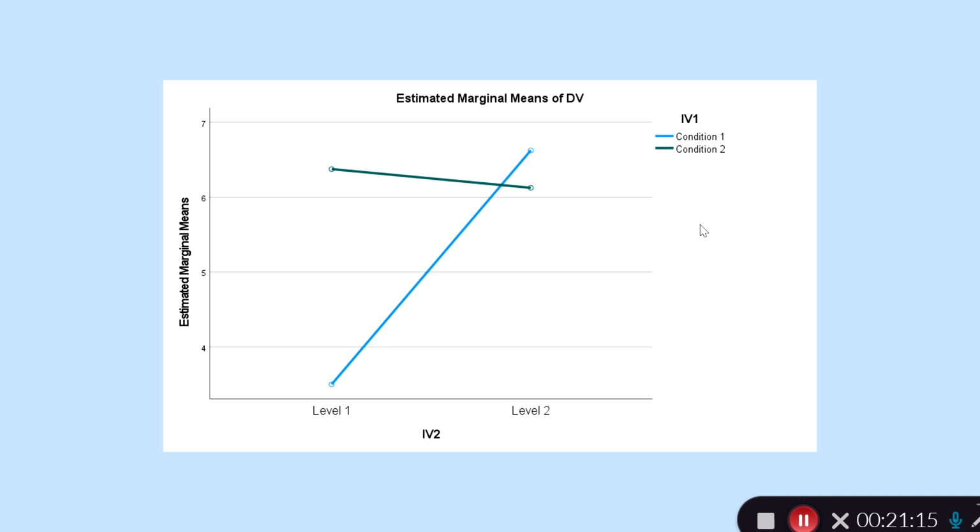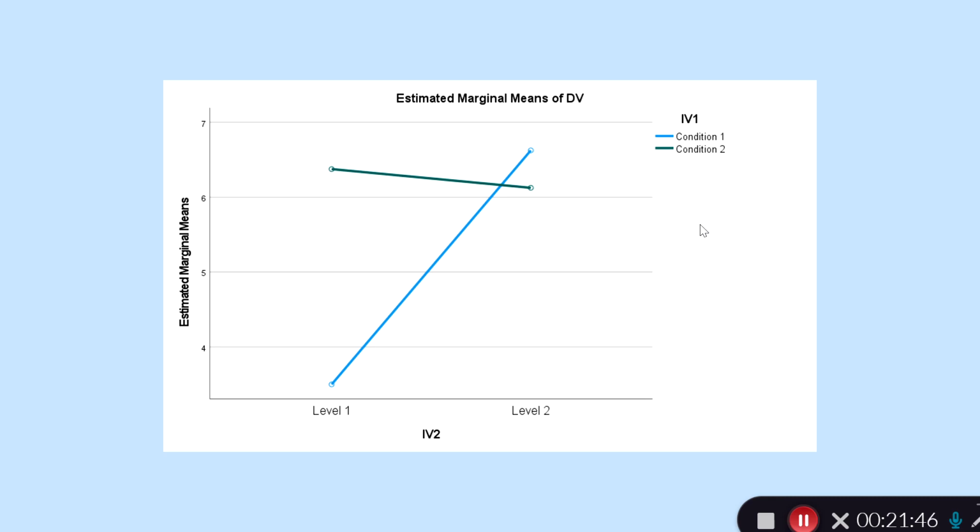Okay, so the green data point for IV2 level 1 is significantly higher than the blue data point, which represents condition 1 in participants who are also in level 1 of IV2. Okay.